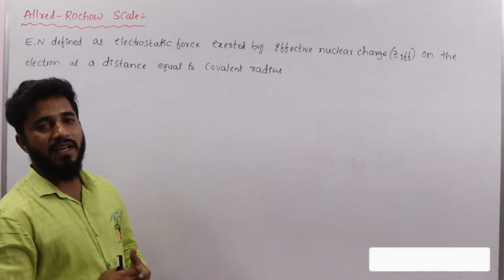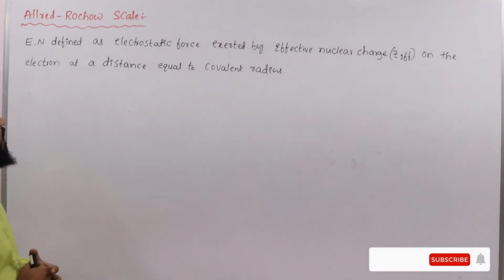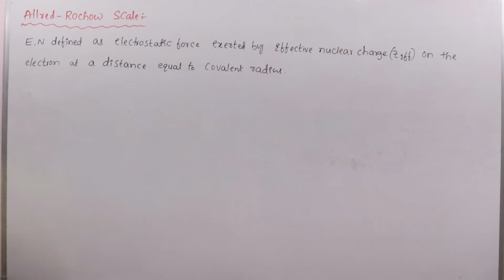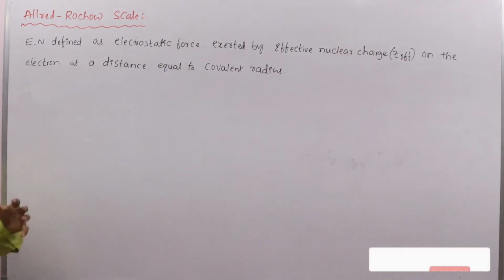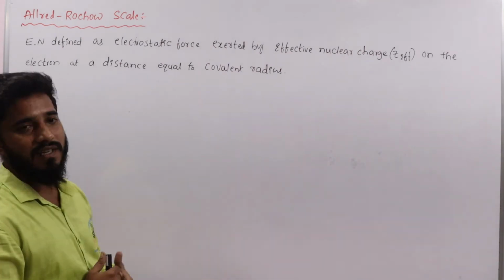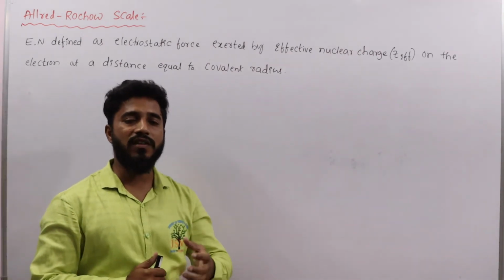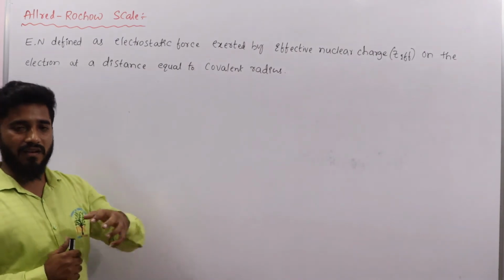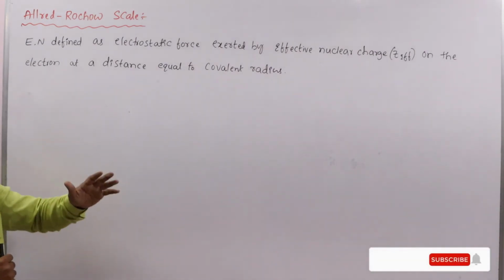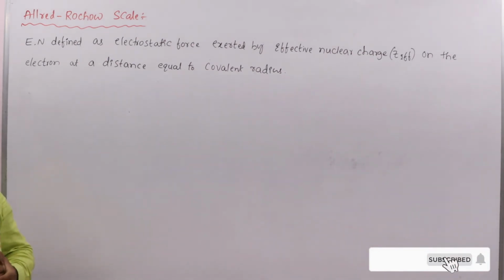Let us see the next scale, the Allred-Rochow scale. According to this scale, Allred and Rochow defined electronegativity as the electrostatic force exerted by the effective nuclear charge on an electron at a distance equal to the covalent radius.